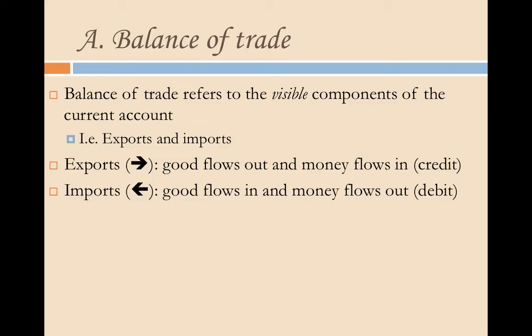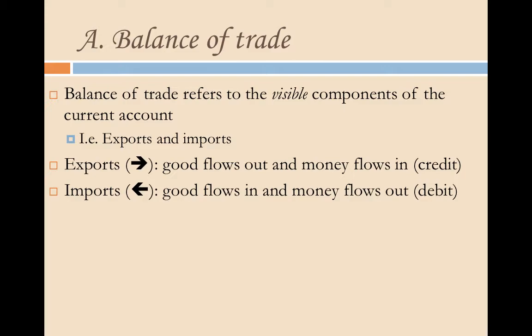Generally, countries will add up the sales of exports and the spending on imports to figure out the balance of trade. They want to know, do we have a trade surplus or trade deficit? When you add up the value of the exports and the spending on the imports, we can find out how much money in total is flowing in or out of the country.